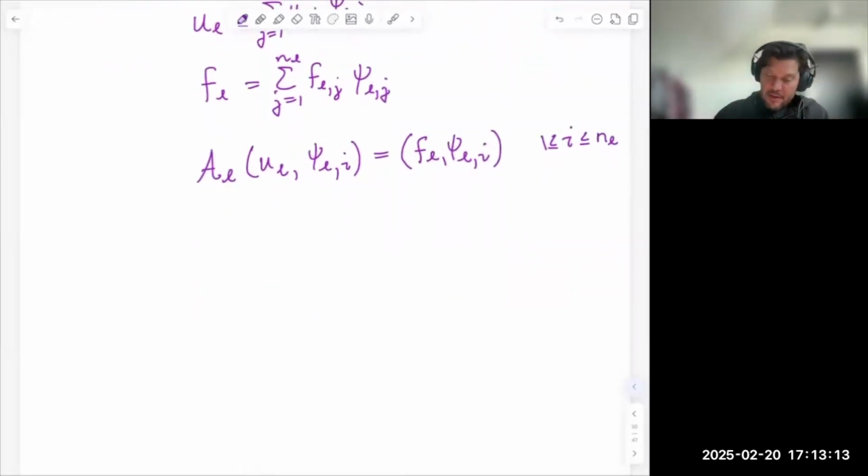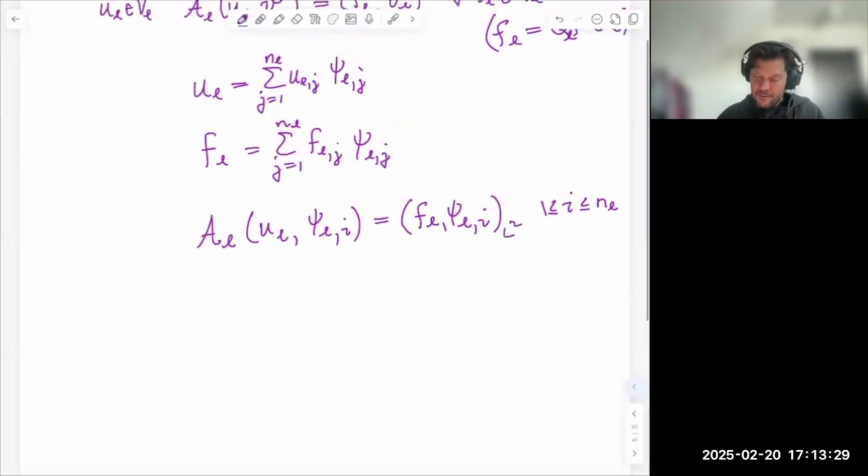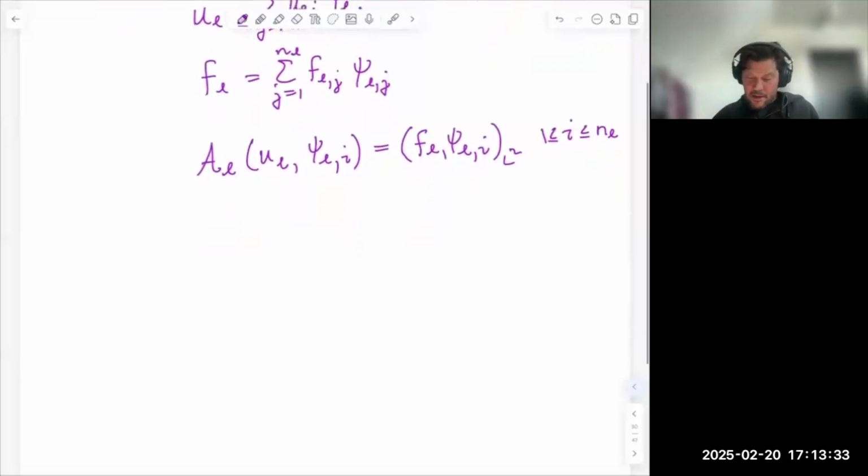So now the next thing to do is let's dump these two expansions in here and in here. First of all, I forgot to write that, it should be L2 and L2 here. Okay, so what happens when we put these basis representations in?